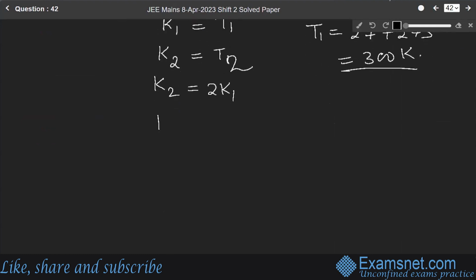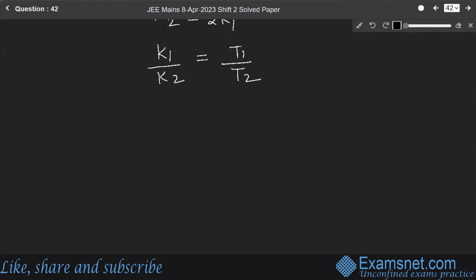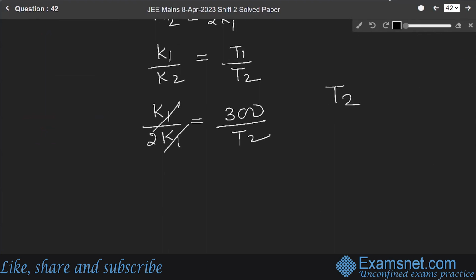So K1 over K2 equals T1 over T2, that is K1 over 2K1 equals 300 Kelvin over T2. K1 cancels out, thus T2 equals 600 Kelvin.